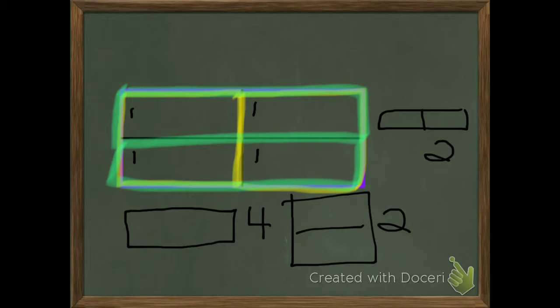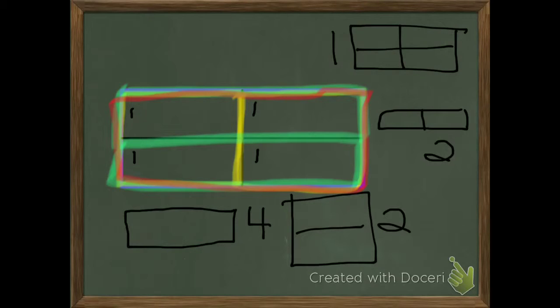And then last but not least, finally, we have one giant rectangle that looks like this. So how many rectangles look like this? Well, there's 1. I broke down the problem into smaller steps, and now what I have to do is add up all the different rectangles.